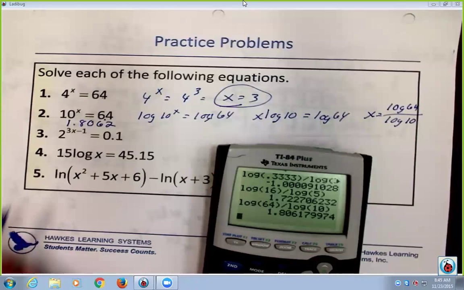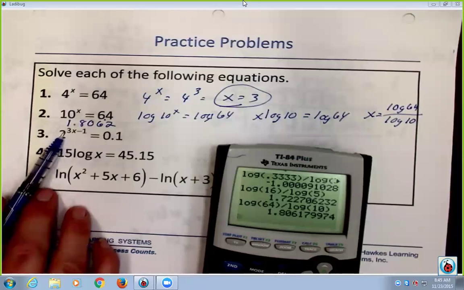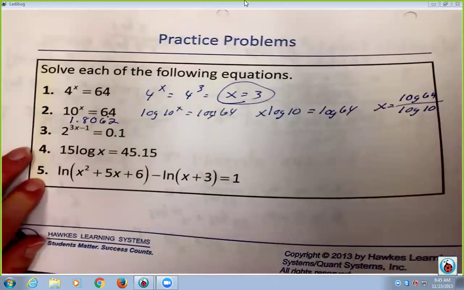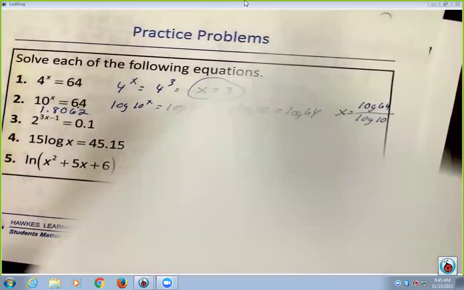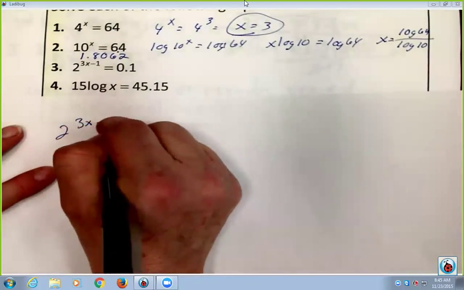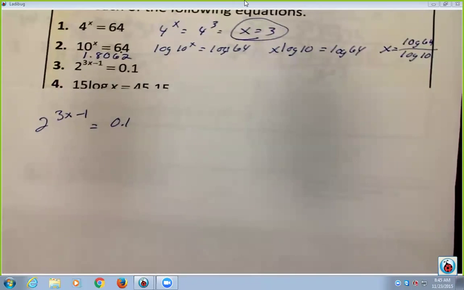Next one, similar kind of thing going on here. Outside of that, we've got this 3x minus 1 up there. So let me get a sheet of paper, because we're probably going to need some extra paper for that one. 2 to the 3x minus 1 equals 0.1. Do my logs.